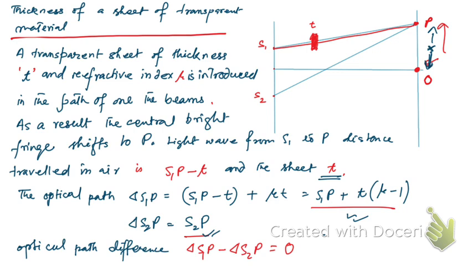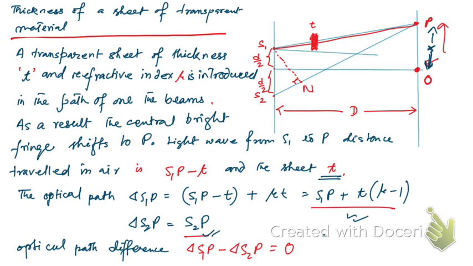Let me go back to the diagram. Here, as we have taken, this distance is capital D, and this portion is small d by 2, because the distance between S1 and S2 is small d, that's what we have taken. Now if you draw a perpendicular here, this is S1N.